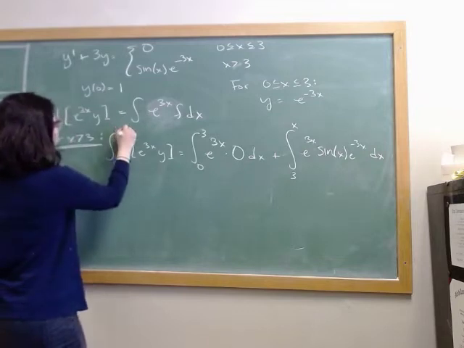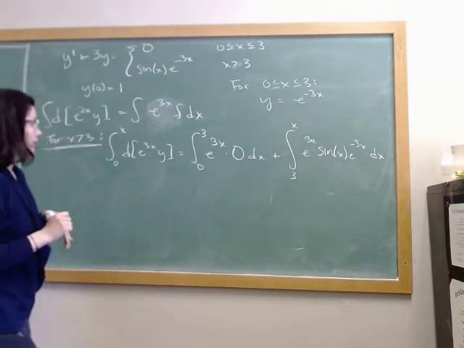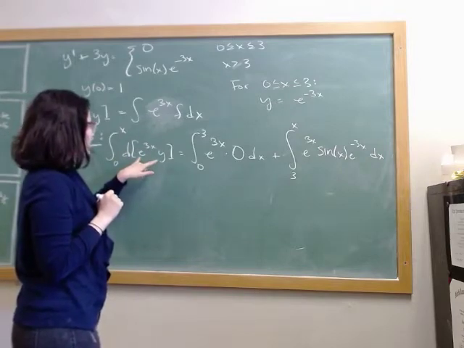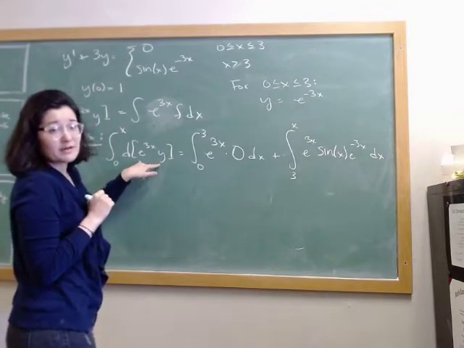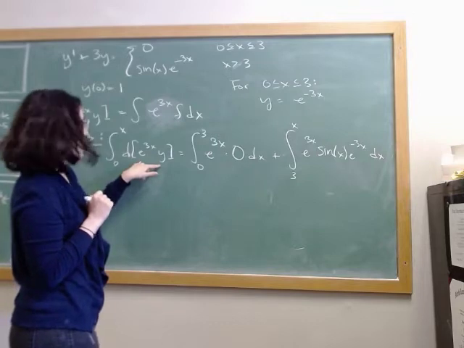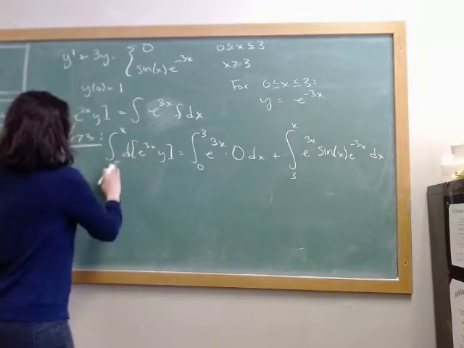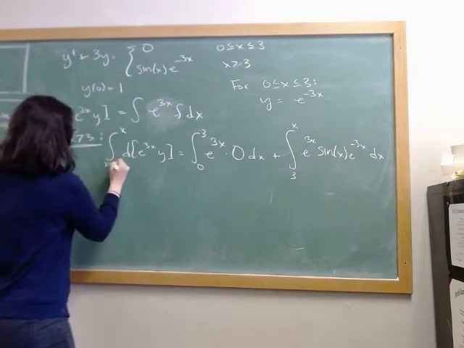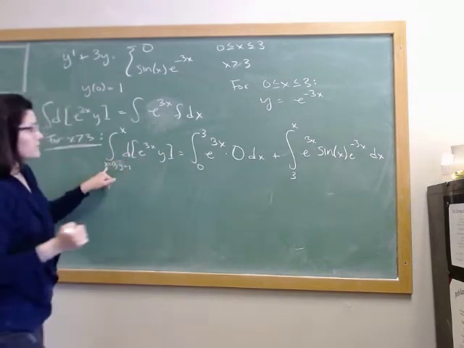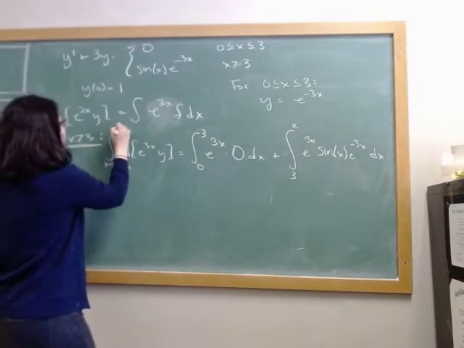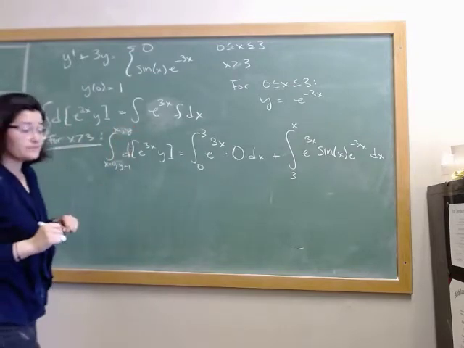I'm going from 0 up to some random x, except my variable that I'm thinking about isn't actually integrating with respect to x, it's integrating with respect to e to the 3x y. So I really care that I started when x was 0 and y was 1, and I go up to some random x and y.